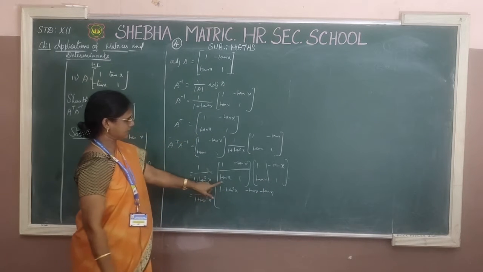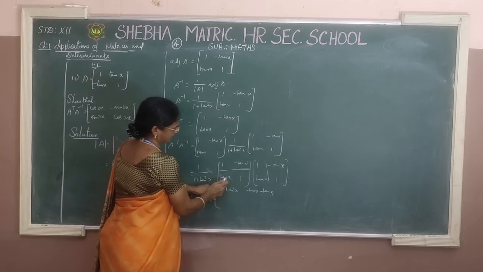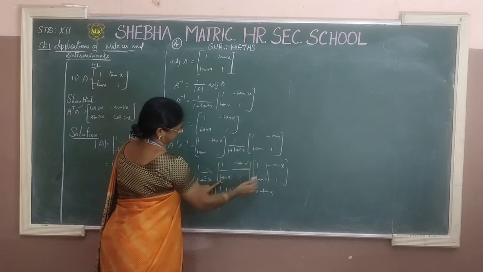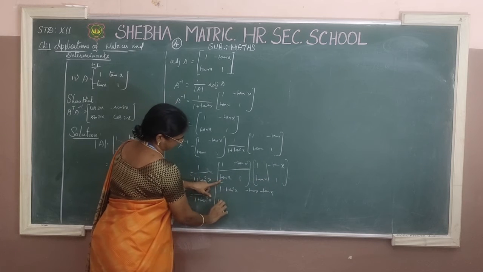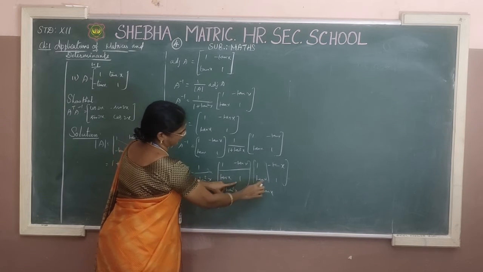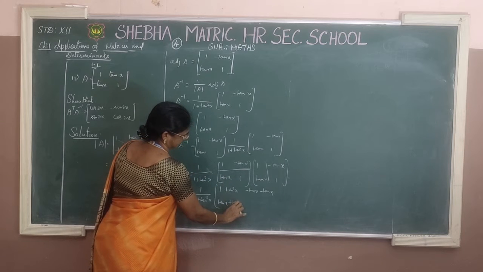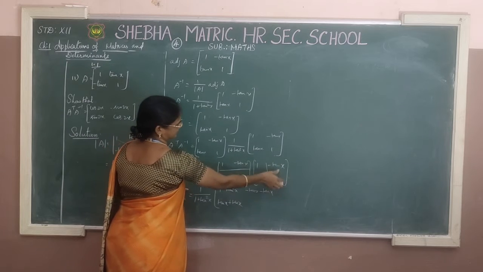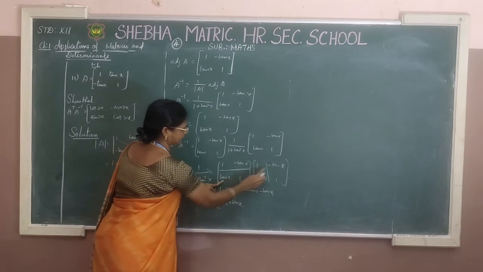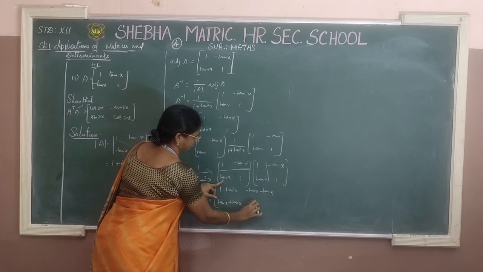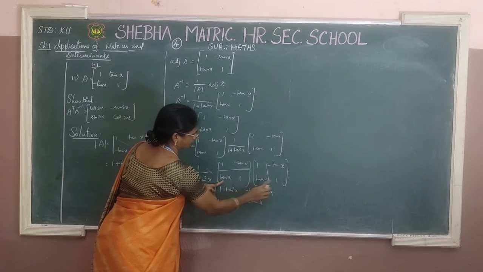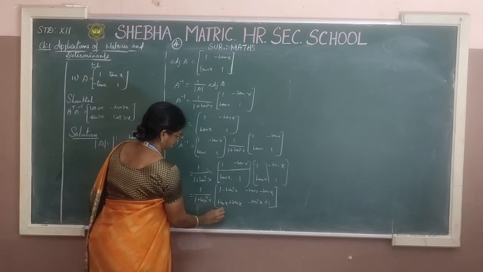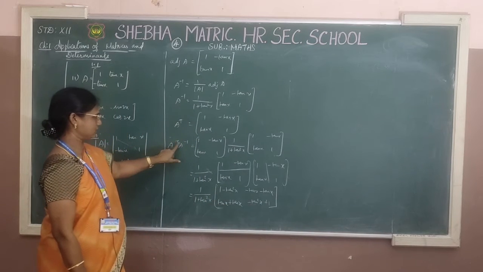Next consider the second row, tan x 1, and the first column of the second matrix: tan x into 1 is tan x and 1 into tan x is plus tan x. Next consider the same row with the second column of the second matrix: tan x into minus tan x is minus tan square x, and 1 into 1 is plus 1. So this is our A transpose A inverse.